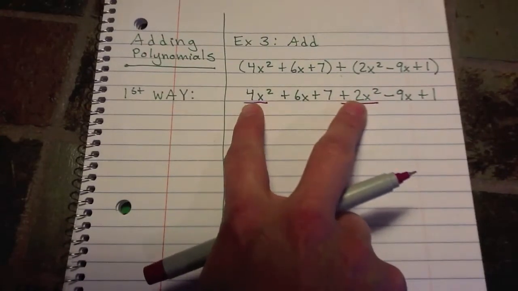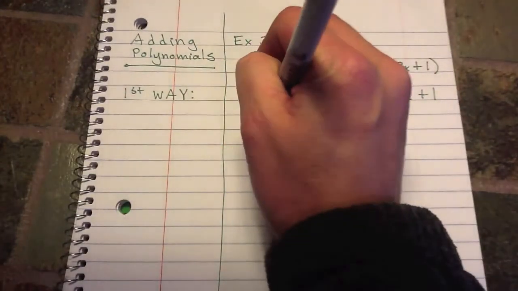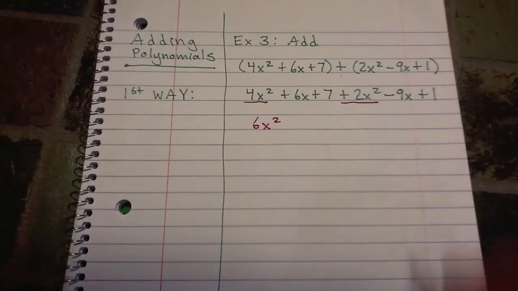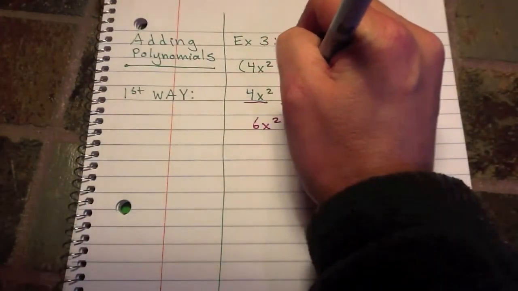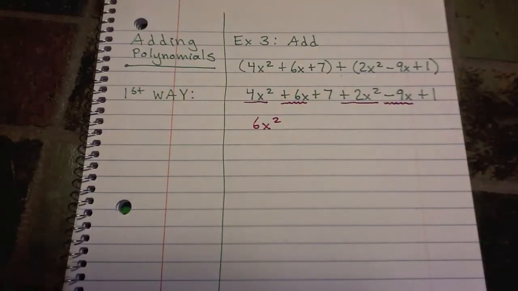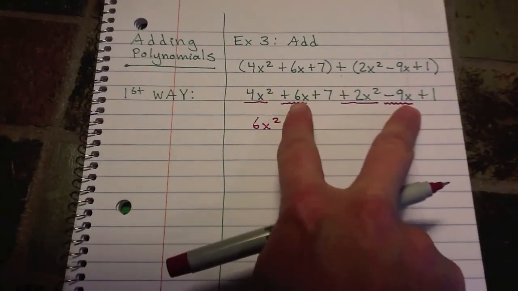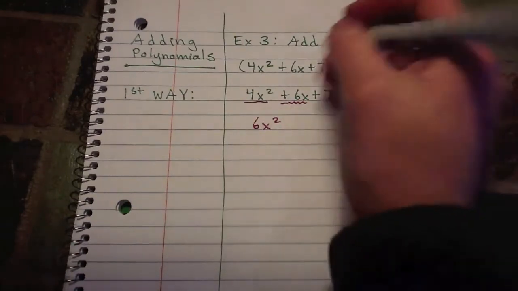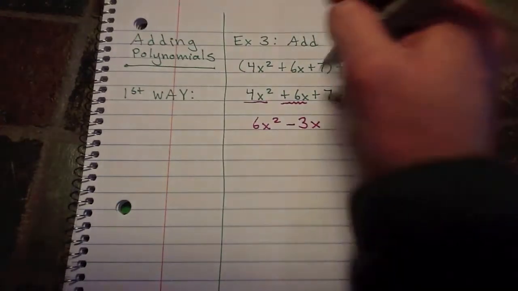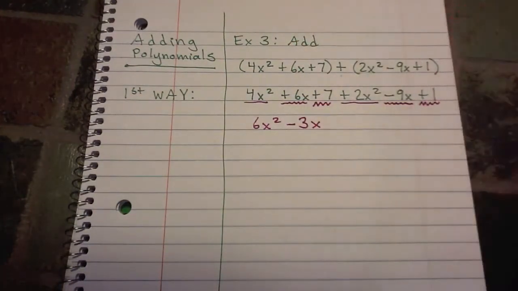So all you do is add your coefficients and you get 6x squared, and then you look for more like terms and notice that I have a positive 6x and a negative 9x. Again, a like term, so it's going to be an x. 6 subtracting 9 is a negative 3x. And then I also have positive 7 and positive 1.